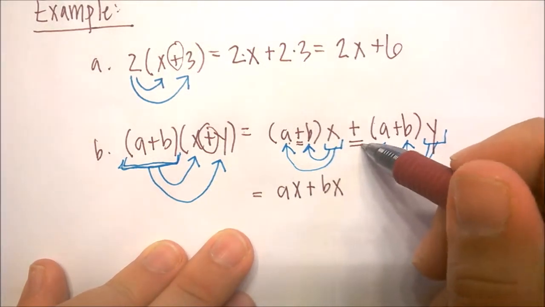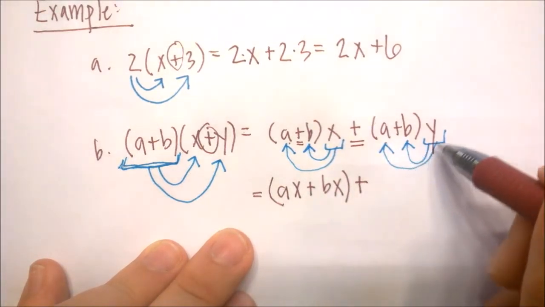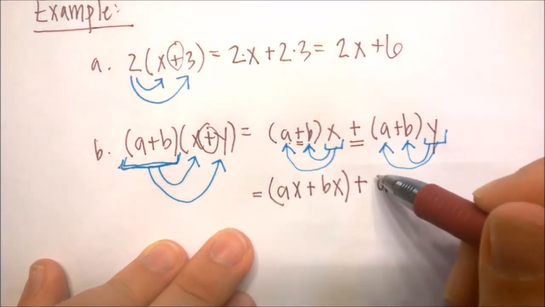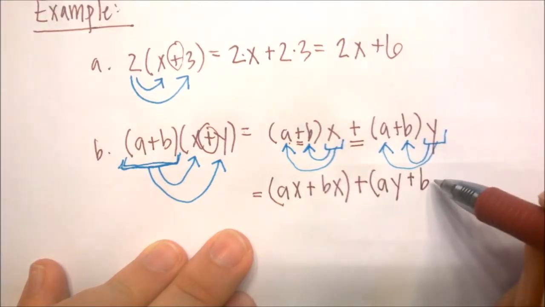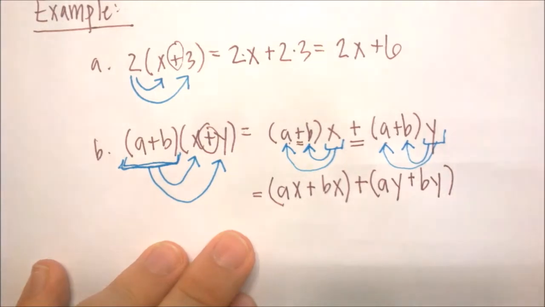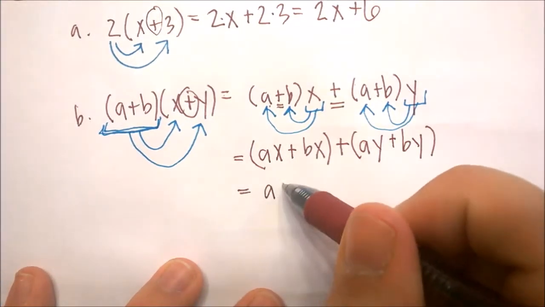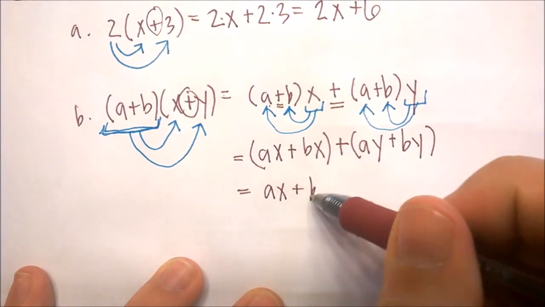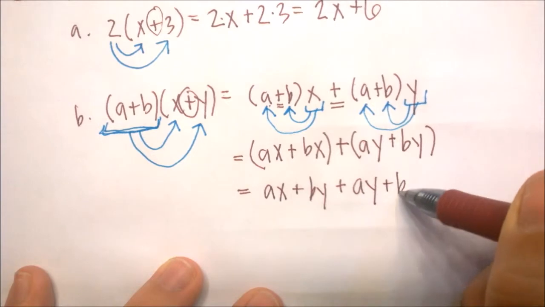We're going to add this to a times y plus b times y. All right, and then finally, let's just write it as ax plus bx plus ay plus by.